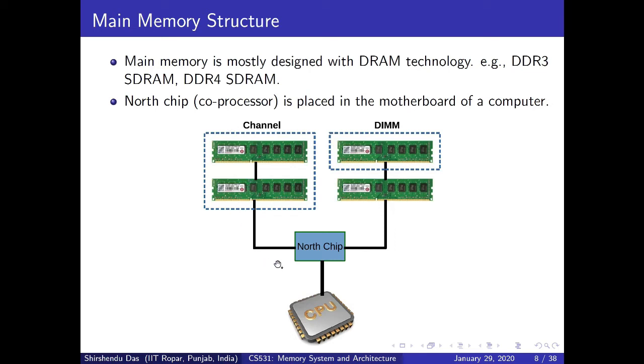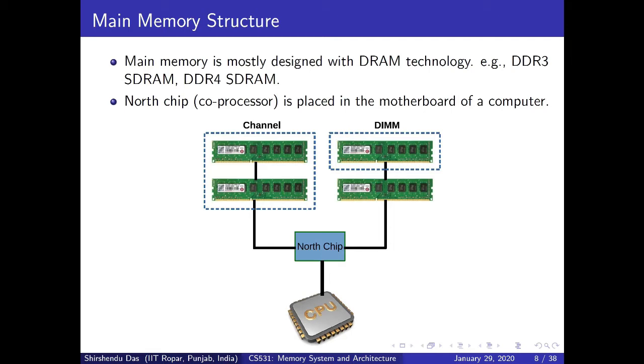All these channels, or all these DIMMs, are connected through a NOT chip, and all these RAMs are connected with the CPU through this NOT chip. This NOT chip is responsible for communicating between the processor and all these memories.